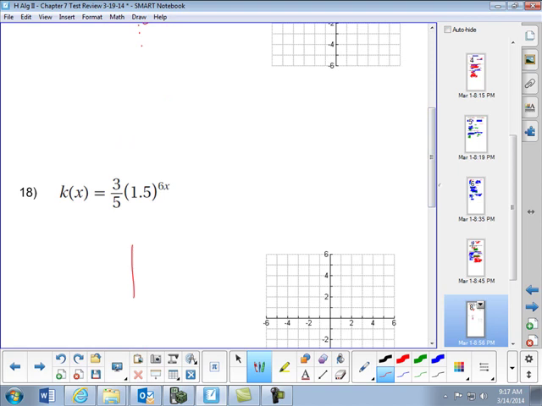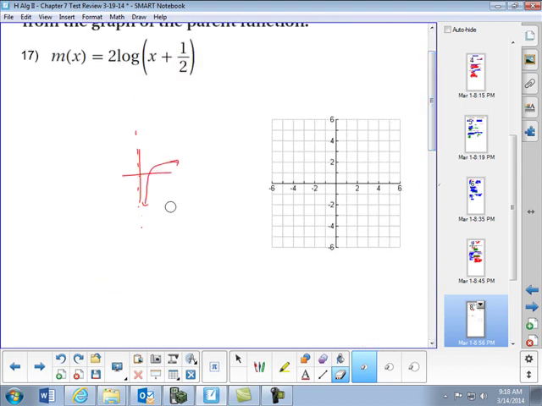The parent exponential function goes like this. It has an asymptote at y equals 0. Okay, so kind of keep that in mind. You need to know that. You need to know the difference between exponential and logarithmic and which ones have which asymptotes.